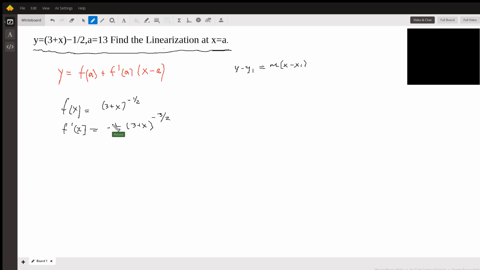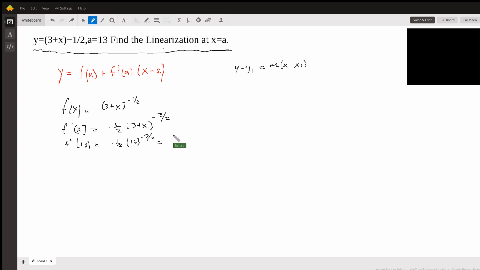So there we are. And we're interested, a is 13 here, so what we want is f prime of 13. And so it's going to be negative 1/2 times 16 to the negative 3/2.